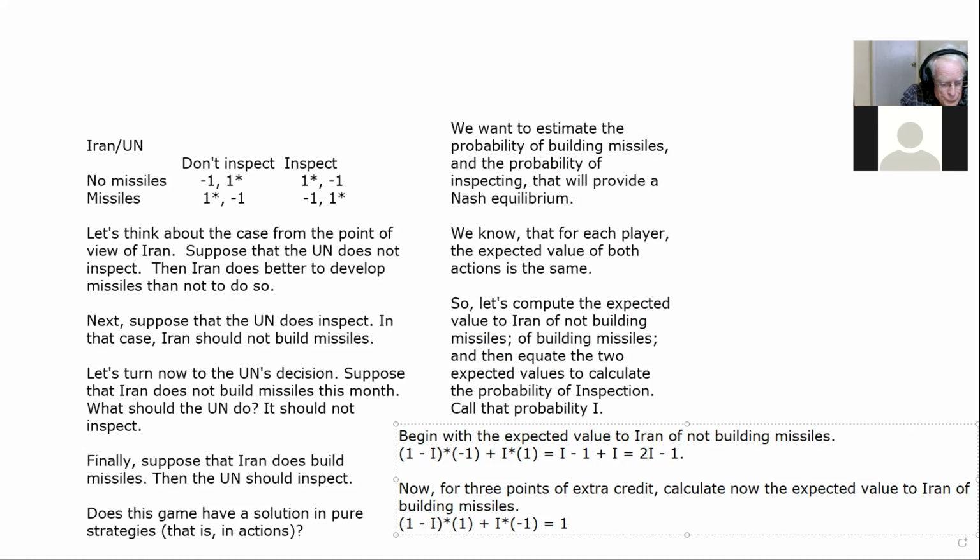So the expected value is 1 minus I, minus I, for 1 minus 2I. Okay, so far.